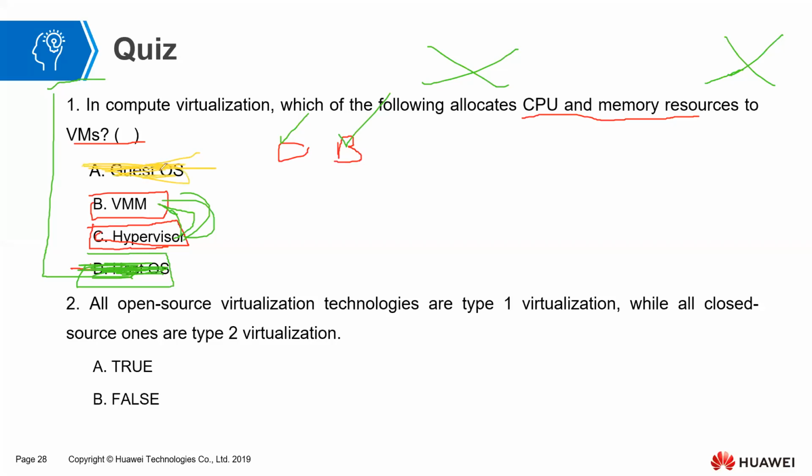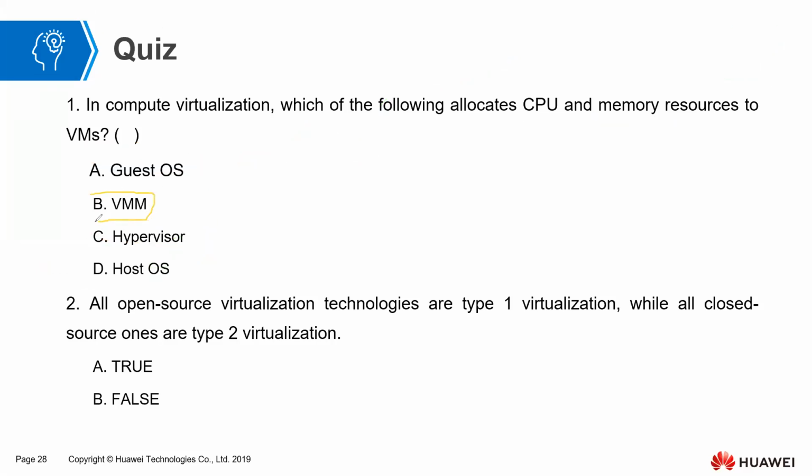We also ask ourselves, does the virtual machine monitor allocate CPU and memory sources to the virtual machines? The answer is true, isn't it? So we qualify that one. Does the hypervisor allocate? It is true. Does the host operating system allocate? It is false, so we disqualify that one as well. So it will leave us with two answers here.